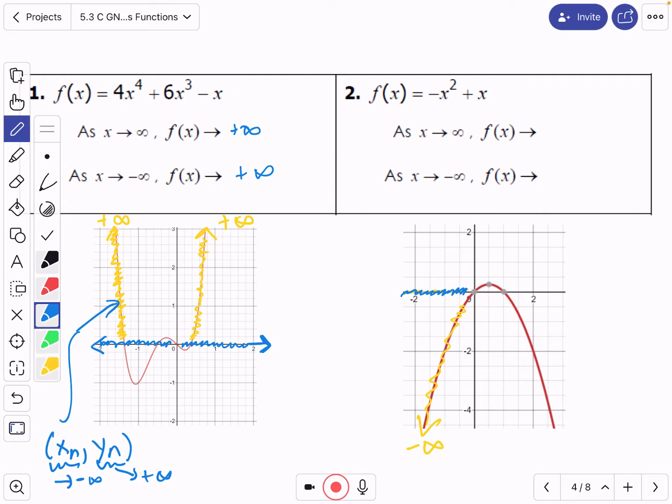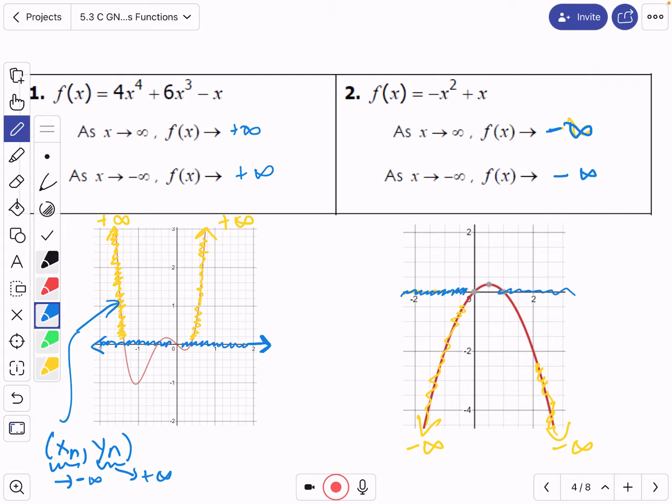And on the other side, as we put in bigger and bigger x values, as we go further along, it's also headed to negative infinity. So as x goes to plus infinity, f of x goes to negative infinity, and as x goes to negative infinity, f of x goes to negative infinity. It's a lot of words.